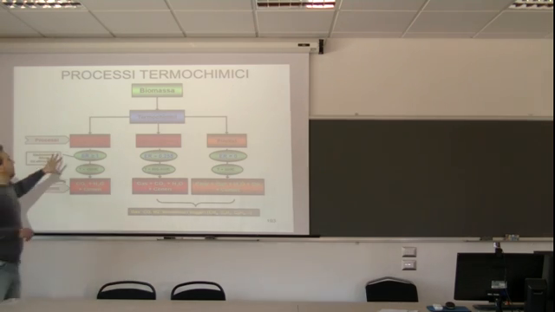Here you have a complete combustion, and then the heat you obtain, you can use directly for someone who needs heat, or you can transform heat into electricity using a Rankine cycle, for example, or other cycles we will see during the lessons.